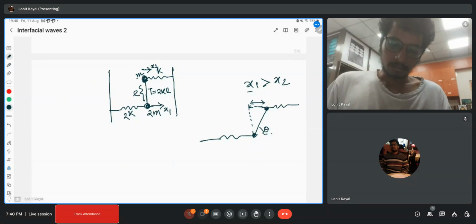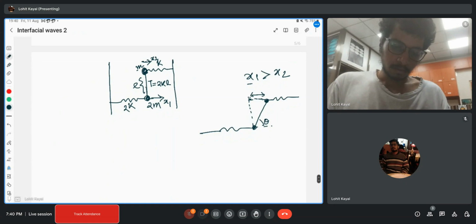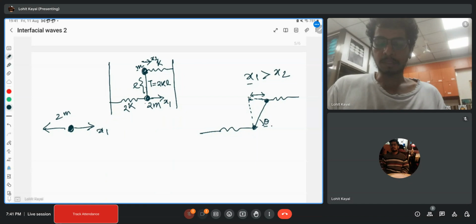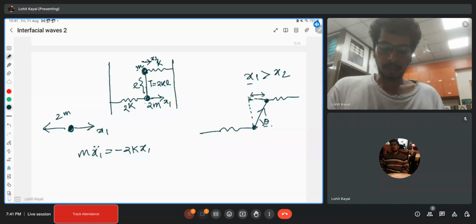Now for the mass 2m, here it is pushed by amount x1. So obviously an opposite force will be acting on this, so m x1 double dot equals minus 2k x1, and there will be some component coming from the string. This tension is acting along this direction, t.